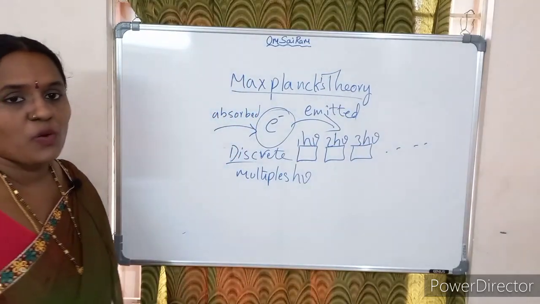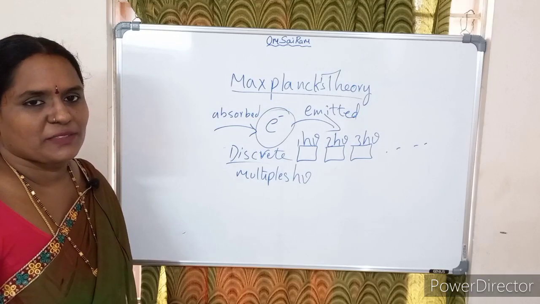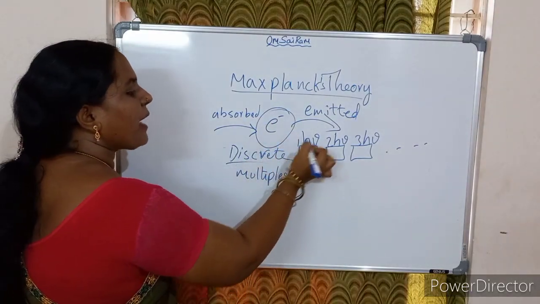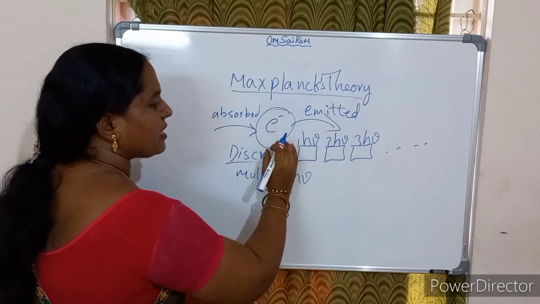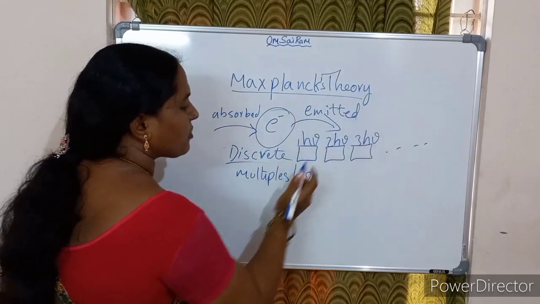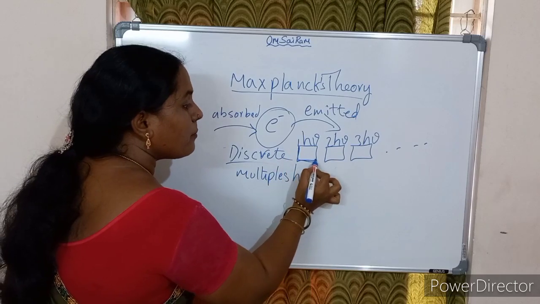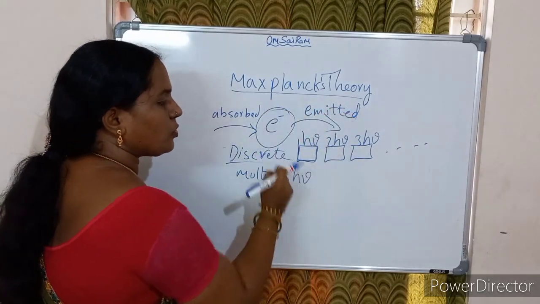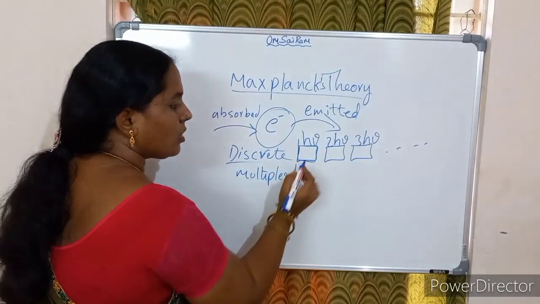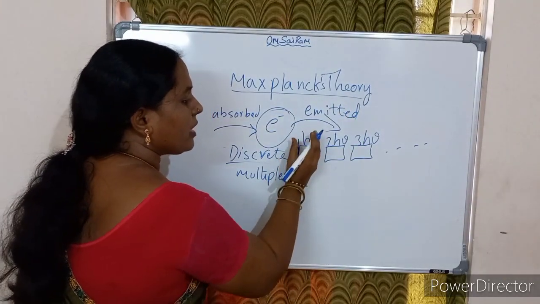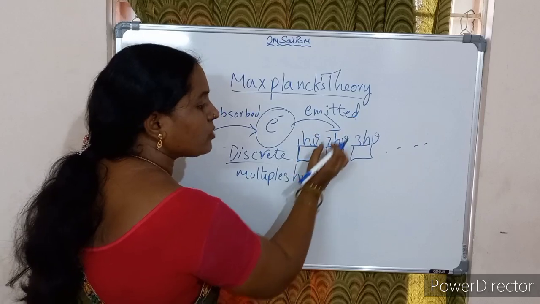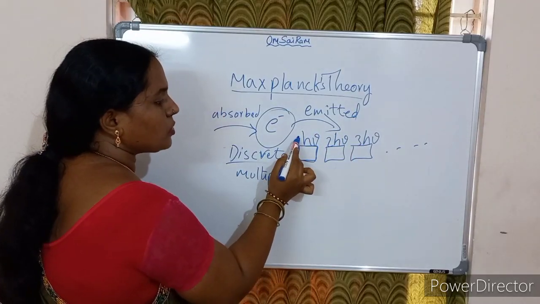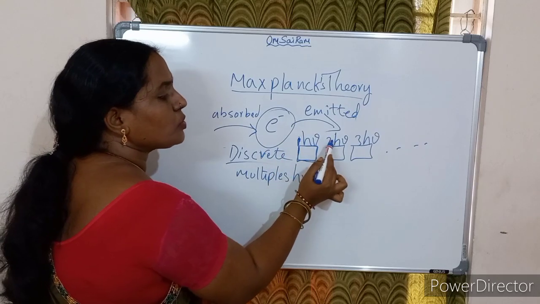But not continuous. The energy is emitted or absorbed like packets: some amount of energy, later some amount, later some amount. One packet, next 2 h nu, next 3 h nu. Not 1 h nu, then 1.5 h nu, then 2.5 h nu. Not like that. It is multiples of h nu, whole numbers: 1 h nu, 2 h nu, 3 h nu.